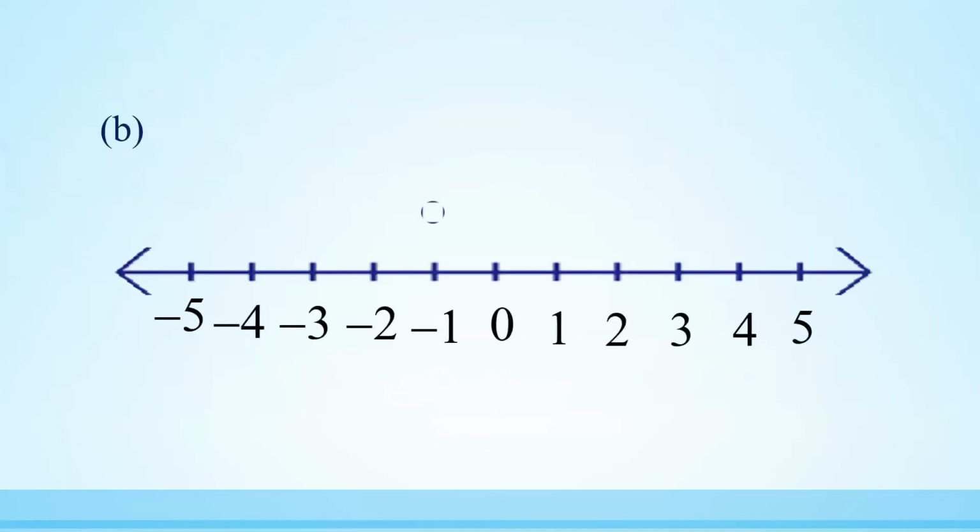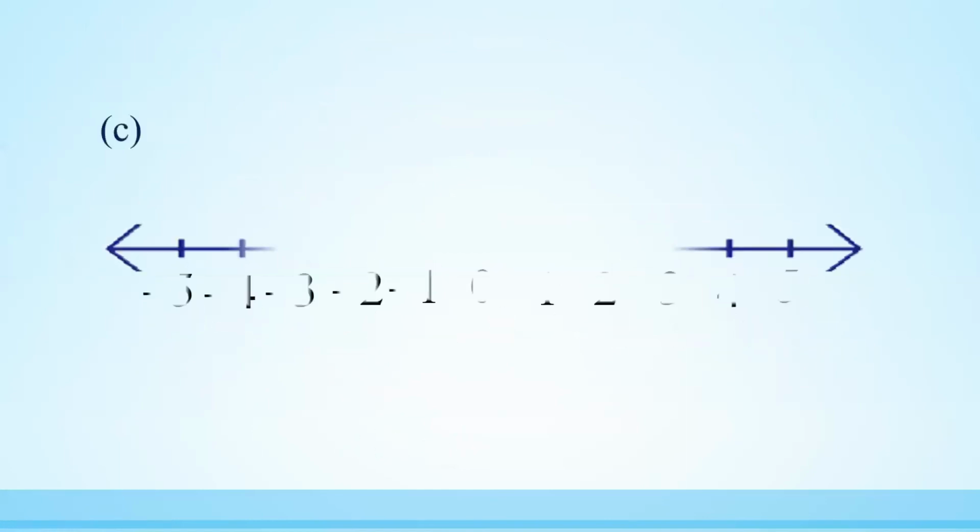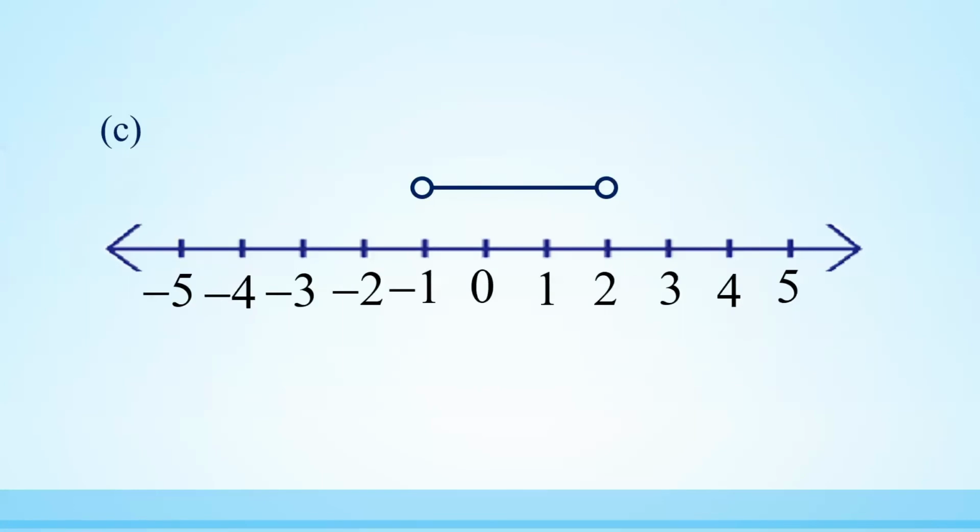Part B. I have a shaded circle at -1 and my arrow points towards the right. So what would be the inequality here? Yes, x greater than or equal to -1. But see, I have two empty circles, two unshaded circles at -1 and 2.